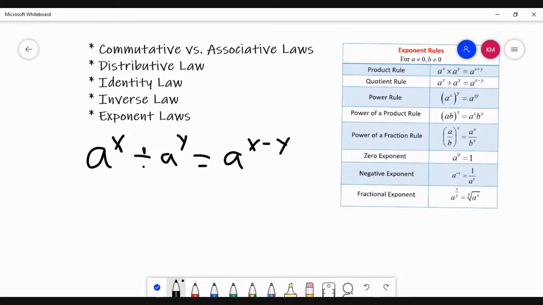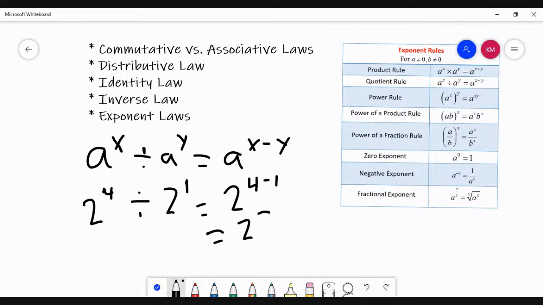An example of that would be if I have 2 to the 4th and I'm dividing it by 2 to the 1st, then I could subtract my exponents from each other, and that gives me 2 to the 3rd.